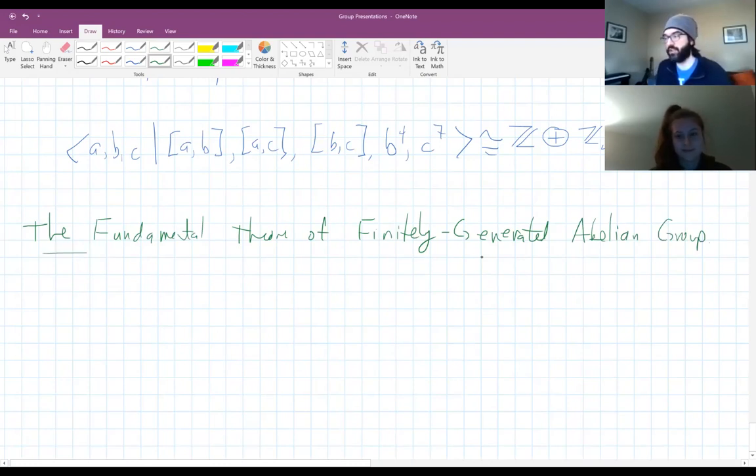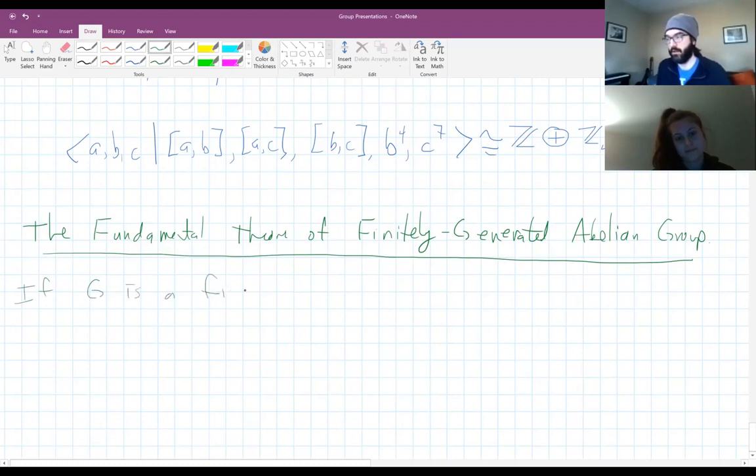The fundamental theorem of finitely generated abelian groups says: if G is a finitely generated abelian group, then G is isomorphic to Z raised to the R power, plus Z mod p1 plus Z mod p2 plus ... plus Z mod pk.